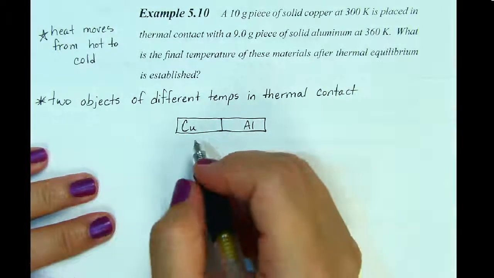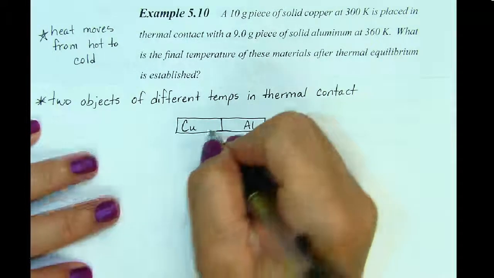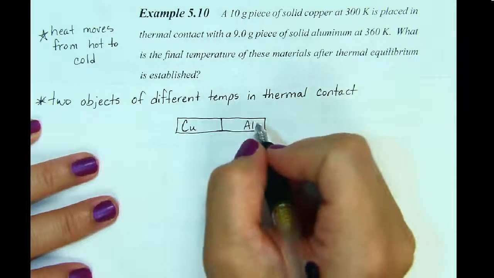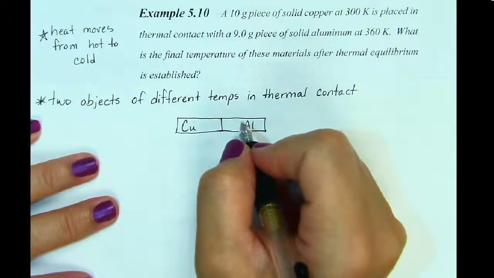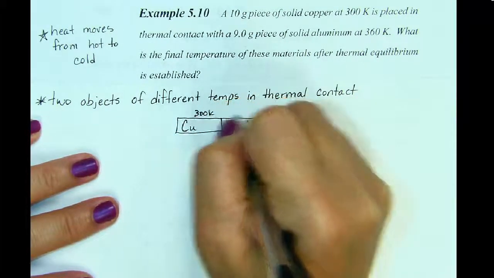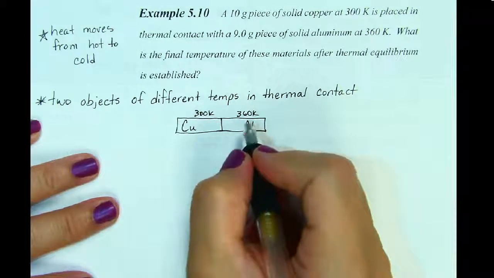So first, what I want to impress upon you is that whatever amount of heat is lost by one of these objects is the amount of heat that's gained by the other. And remember that heat is represented with Q. So because the copper is at 300 Kelvin and the aluminum is at 360, the heat is going to move from hot to cold.